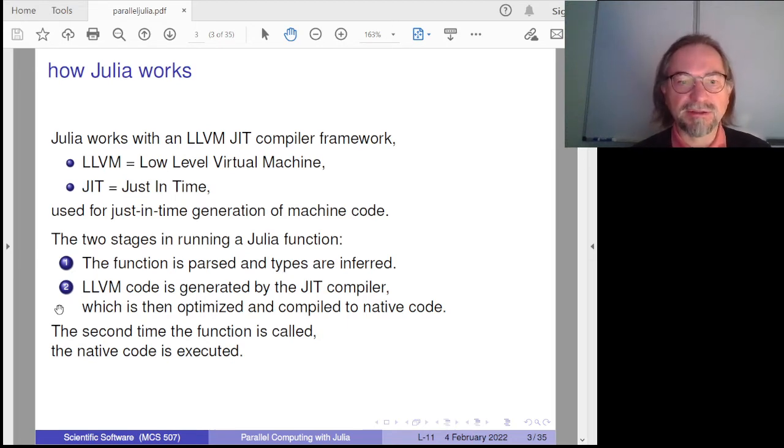But it's the second time when the function is called that the native code, the optimized code, is actually called. One often does a call to a function with a small input to do the compilation, and then separately one does the timing of the second call, on the larger input.